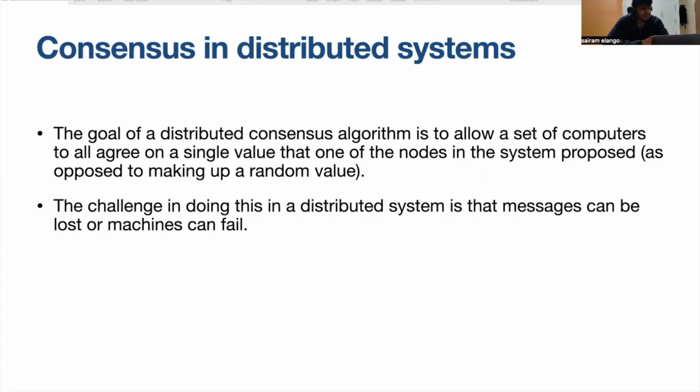The challenge in this group of computers agreeing on a single value is that a particular node can fail, a machine can fail while you're doing it. So there are several consensus algorithms, like the Paxos algorithm and the Raft algorithm, that deal with this problem and make distributed computing and processing possible.